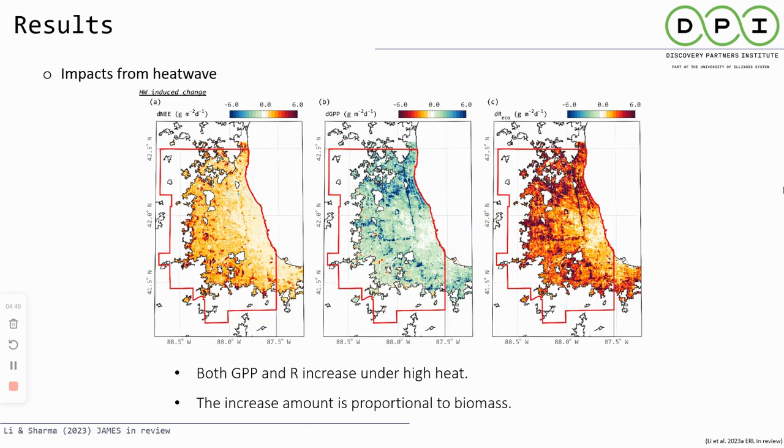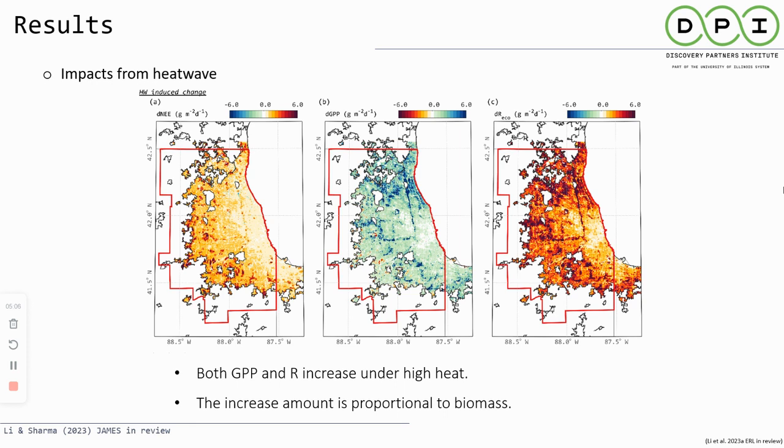And here are the results. In the case of the heat wave, we're contrasting the behavior between heat wave days versus non-heat wave days. Both GPP and respiration: GPP is the carbon that's absorbed from the atmosphere by the plant, and respiration is the carbon release.